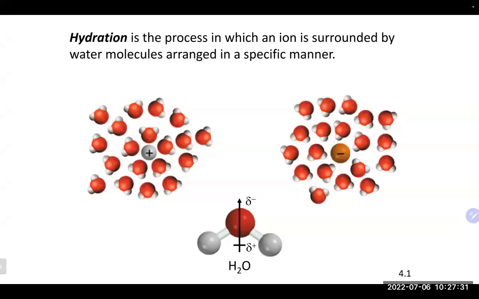The positive ion is attracted to the negative side of water, which, as you hopefully know from our bonding conversation, is the oxygen side, while the positive side of water, the hydrogen side, is attracted to the negative ion. And again, they surround these ions and keep them from coming back together.